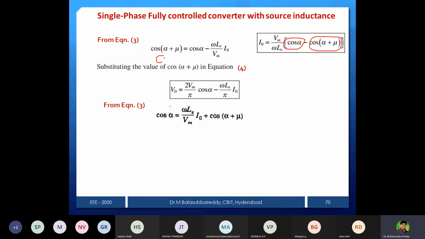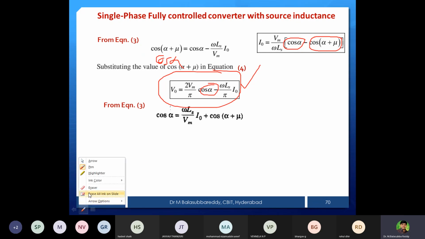From this, what is cos alpha? And substitute in the previous equation, you will get the alpha plus mu term. Why I want that is, in some cases they may ask in a problem, what is the overlap angle? In that case, I cannot use this equation directly. If I use this equation, I don't have the overlap angle term here.